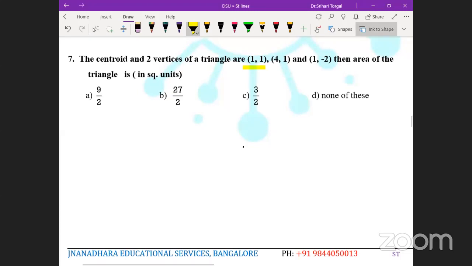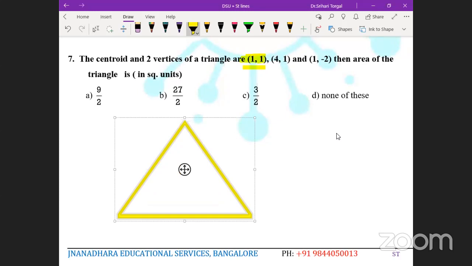This is centroid, right? Okay, this is centroid. So let me draw a triangle here. Sorry, I cannot take this as here. Let me take the centroid here.